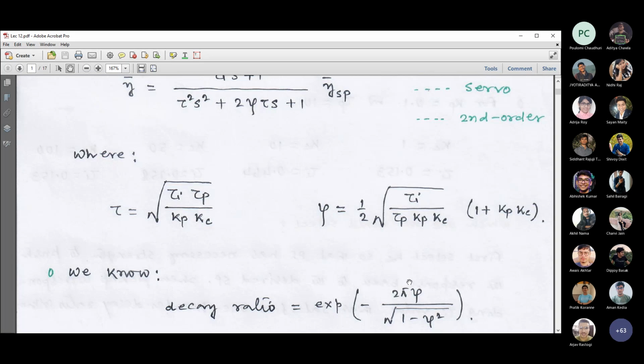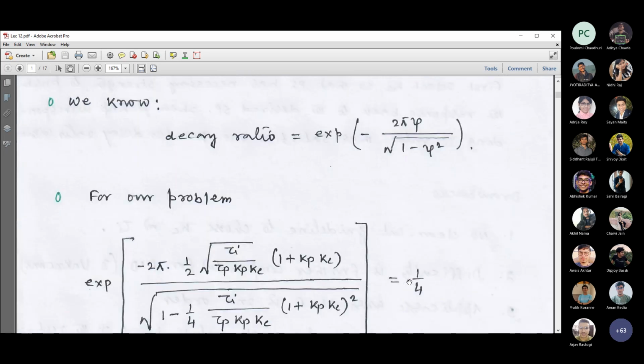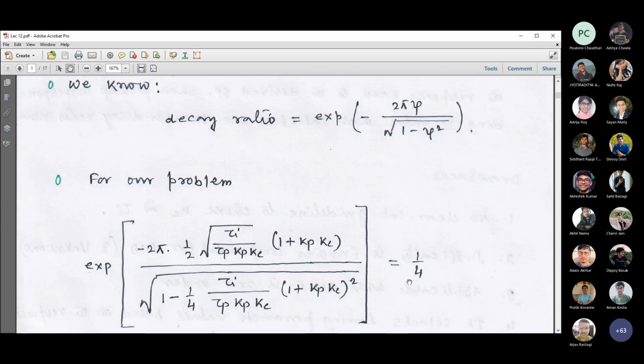Okay. Now, as I mentioned, the title is saying that decay ratio is equal to 1 by 4. Let us write then the expression for decay ratio. See here in this decay ratio expression, we are just going to substitute zeta expression and equal to 1 by 4. That's what I have written here.